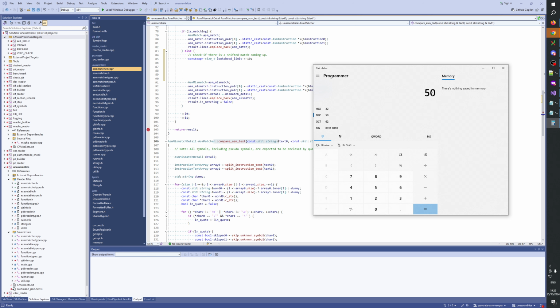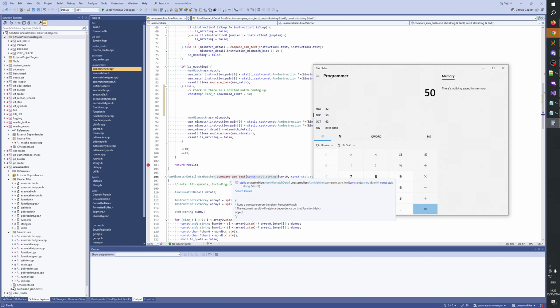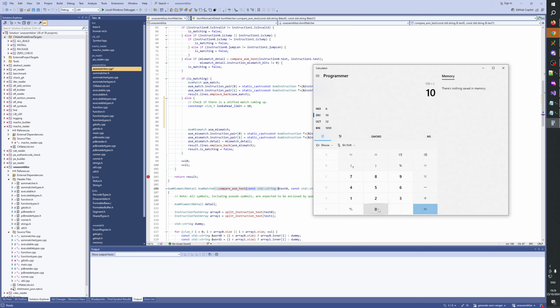So that means 50 times 2, just for the regular flow, right? So 50 times 2, this will be the base, the minimum count to call the split instruction text. But now there will be more, because we have to do 10 times 2, again for 2 sides.